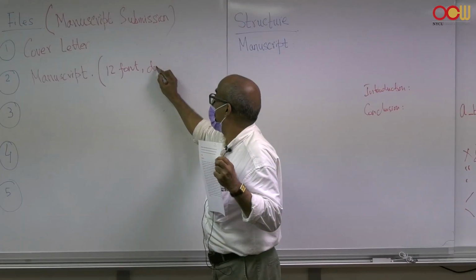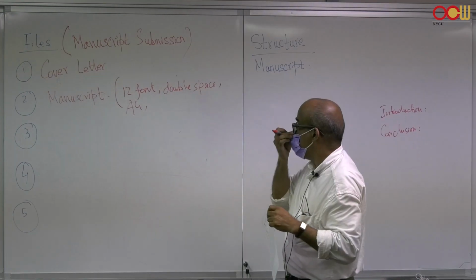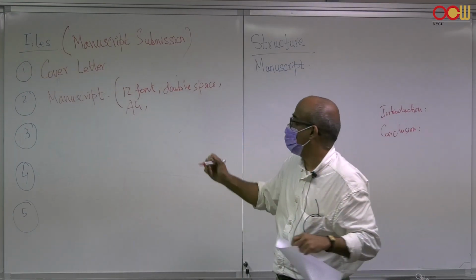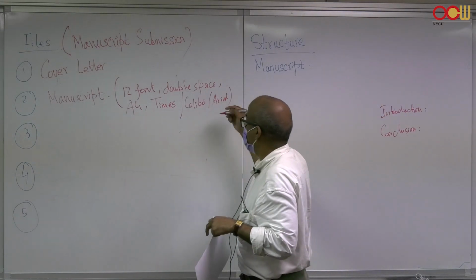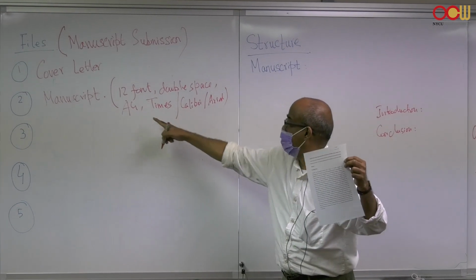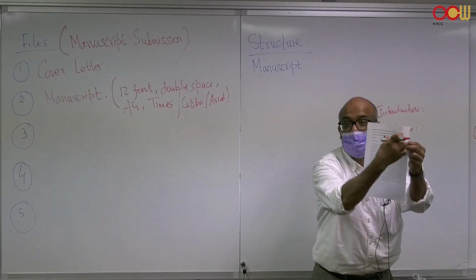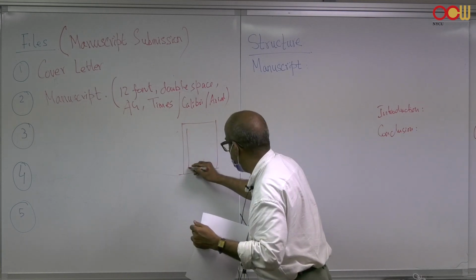12 font, double space, A4. And what font type? Times New Roman, and the others are Calibri and Arial. So this is the definition of a page. And of course, when you use an A4 page, there must be a 1 inch margin everywhere. So this is the A4 page, and this is where you type.